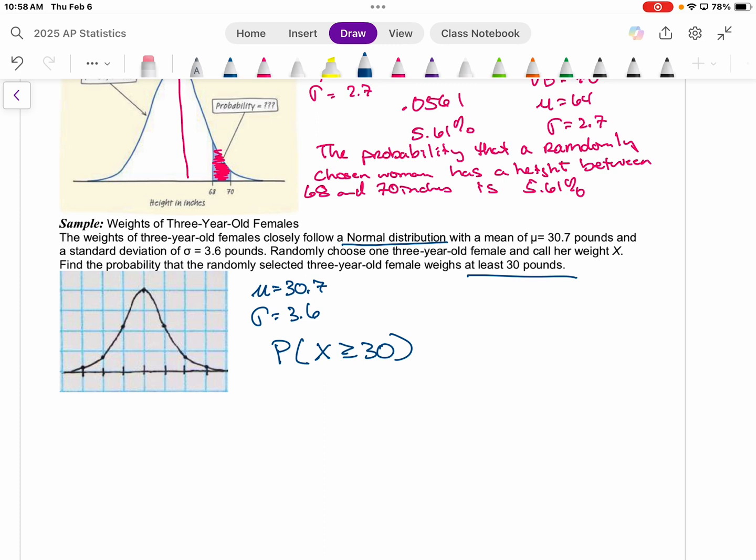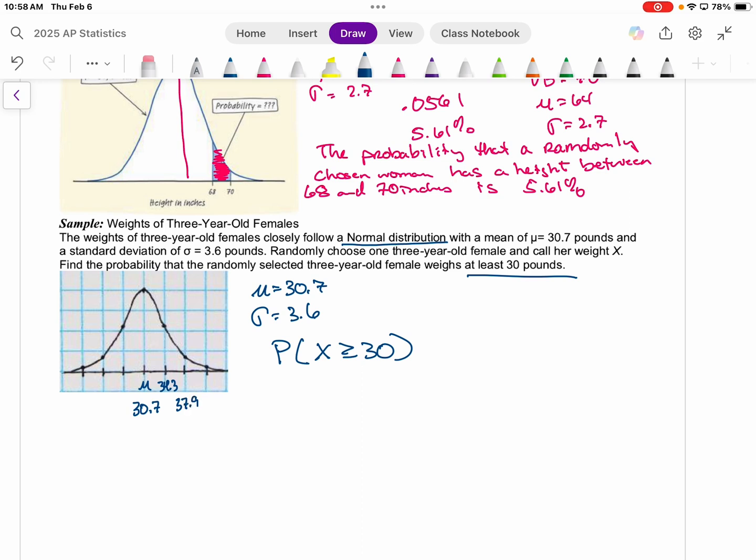Now, based on what we did earlier in our course, we know the mean is in the middle. We know 30.7, and then we can start adding the 3.6 to the right to find our standard deviations away. So 34.3 would be the next one, and then 37.9.